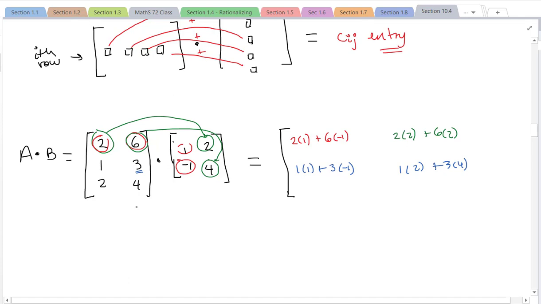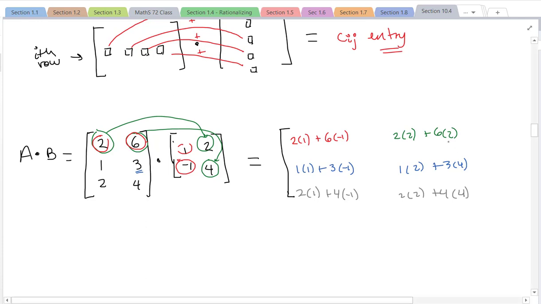And then for the third row, it's going to be the third row of A times the first column of B, third row of A times the second column of B. So I'm going to have 2 times 1 plus 4 times negative 1, and then 2 times 2 plus 4 times 4.